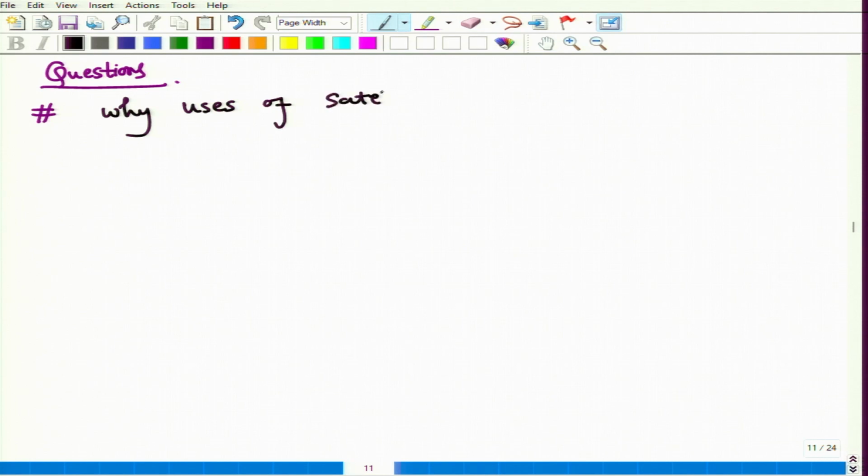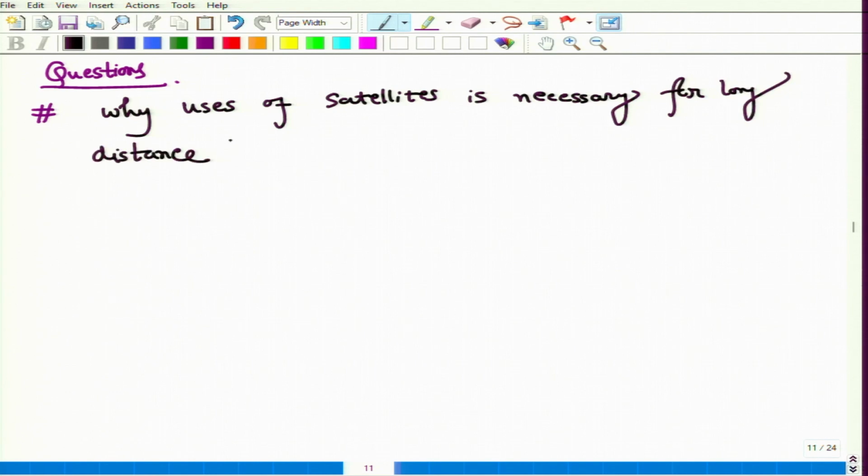Why use of satellites is necessary for long distance TV transmission.